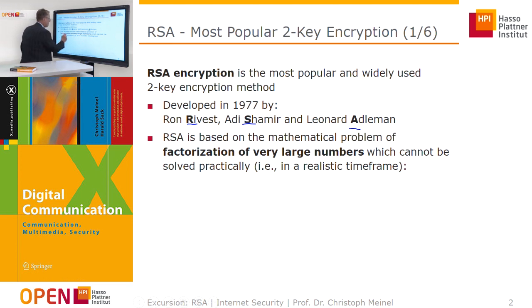I mentioned already all the two-key encryption systems are based on a difficult mathematical problem. And the mathematical problem RSA is based on is the factorization of very large numbers. If one has a really huge number with hundreds of digits, then it's very difficult to find out whether this number is a prime number or a product of different prime numbers.